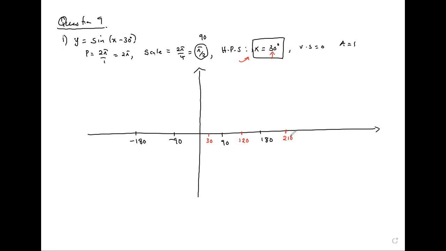And negative 90, we add 30, we have negative 60. And negative 180, we add 30, we have negative 150. Meaning that for us to get to negative 180, something must be done somewhere.